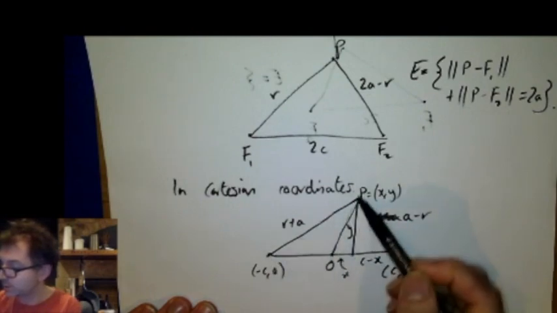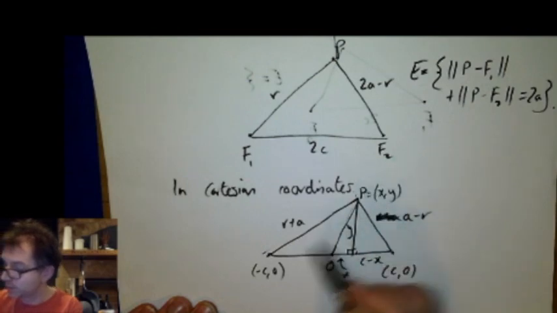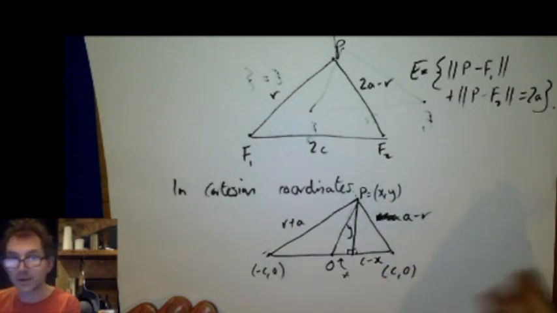And we've also got this triangle here, with hypotenuse r plus a. This length is c plus x, and this length is y. And so those are what we're going to use.